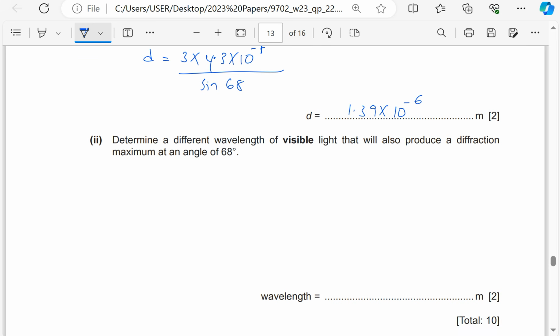Determine a different wavelength of visible light that will also produce a diffraction maximum at an angle of 68 degrees. So theta is 68, and we are just going to check the values of n. Since we know that n lambda is equal to d sine theta, d is going to be the same and sine theta is going to be the same.